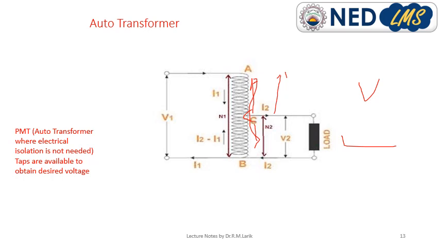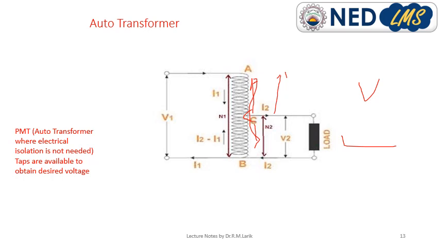An auto transformer is used where extra high voltages are involved. For example, a network which converts from 132 kV to 230 kV, or a network in which we need to convert 230 kV to 132 kV, we use an auto transformer.